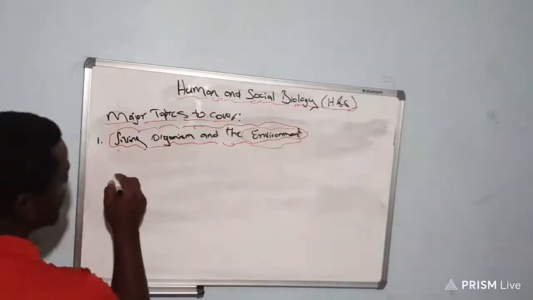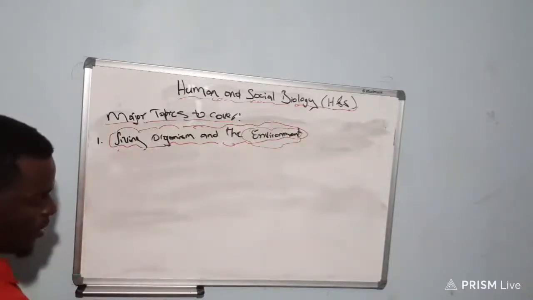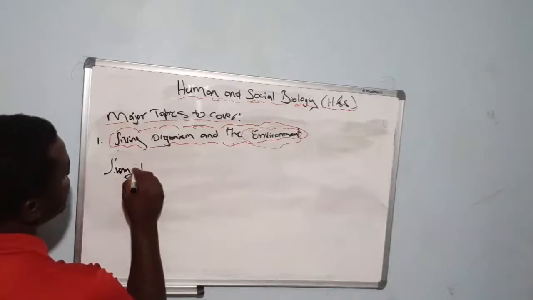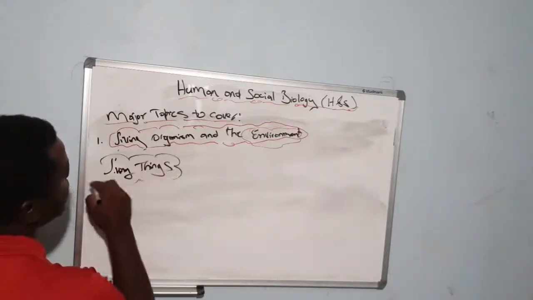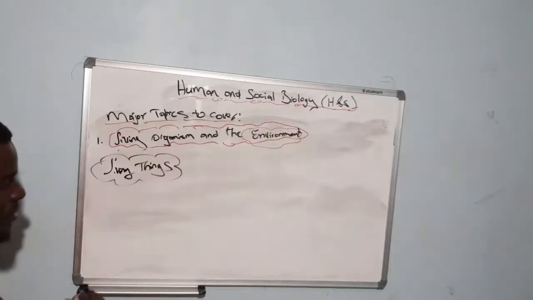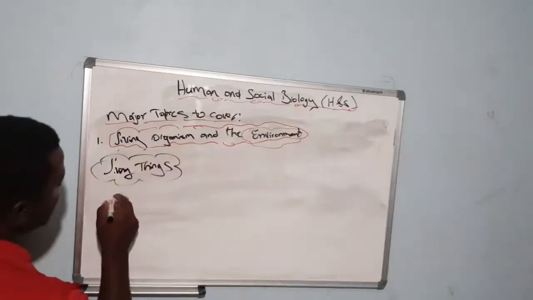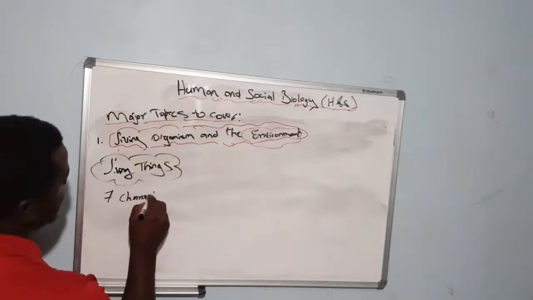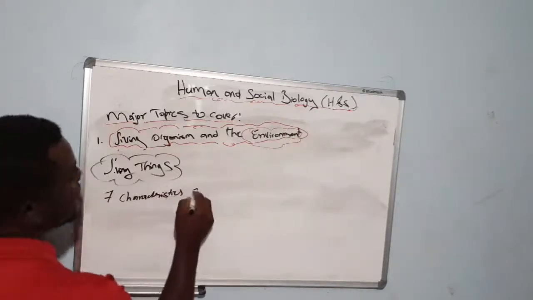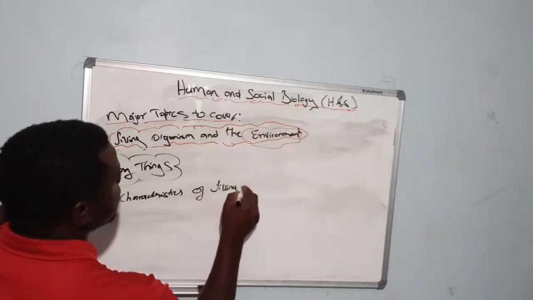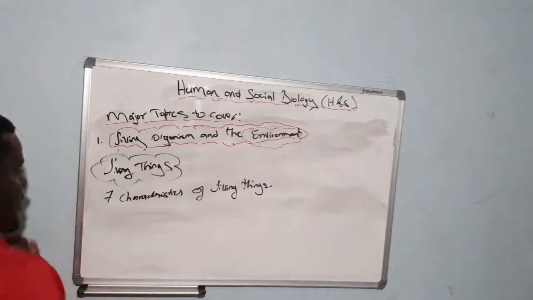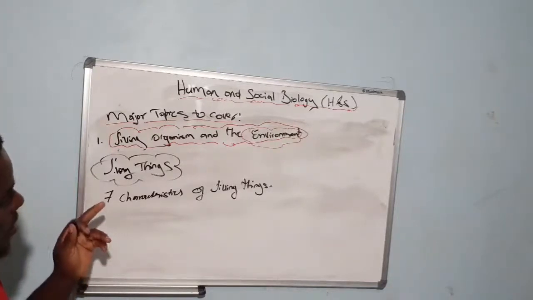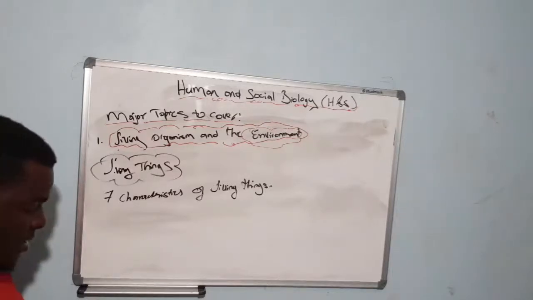So there are 7 characteristics of living things, and we will be discussing these 7 characteristics.